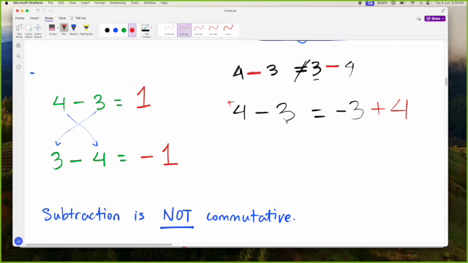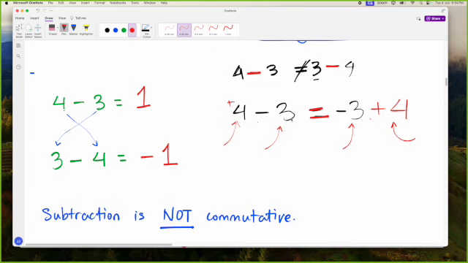So I could flip the numbers around, and yes, these two will be equal. You could see the 3 is sad on this side, and the 3 is also sad on this side. The 4 is happy on this side, and the 4 is also happy on this side. So these two are actually the same.